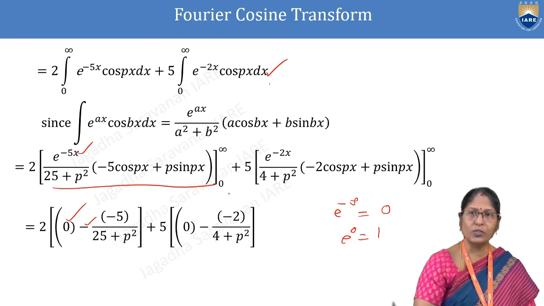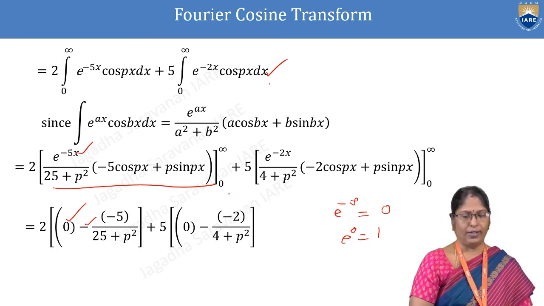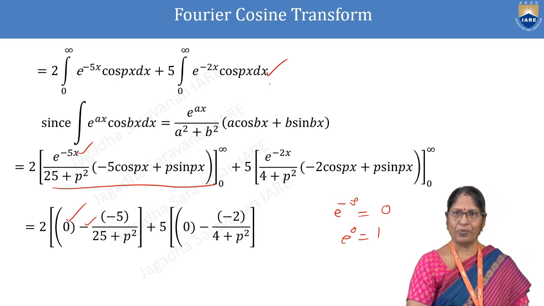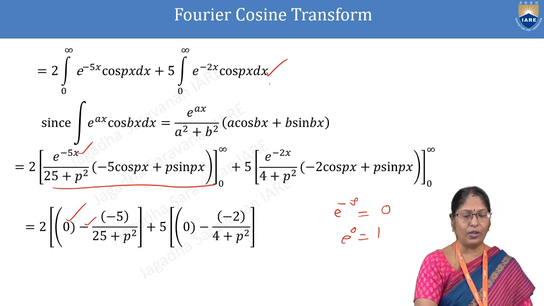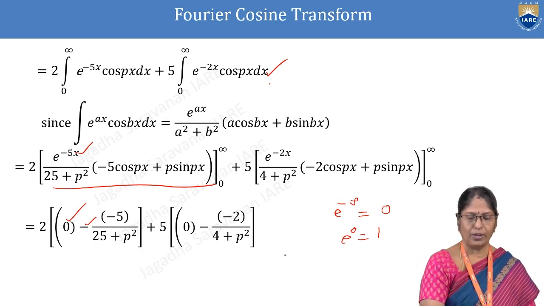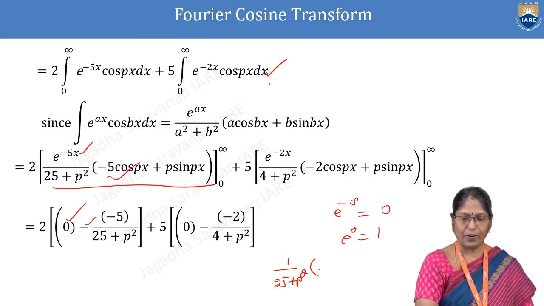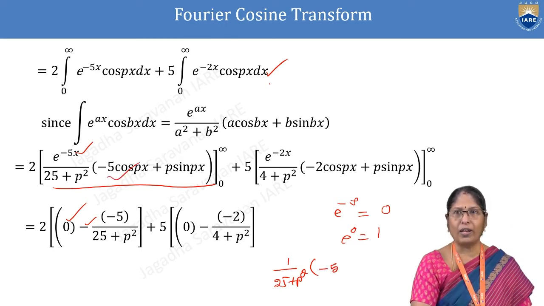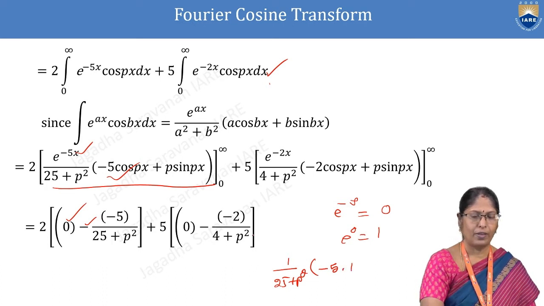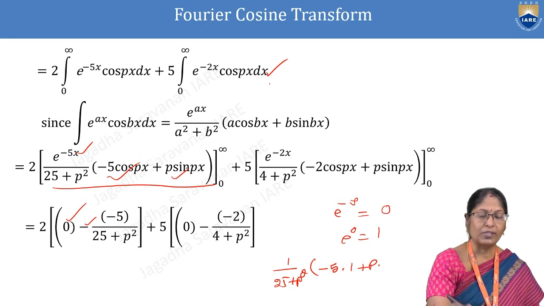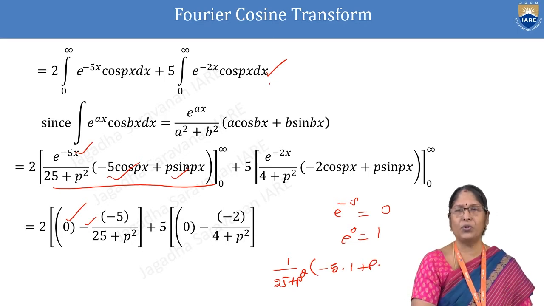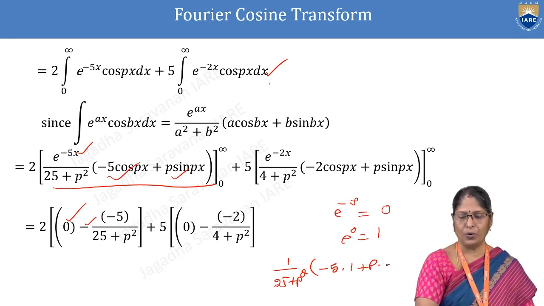Minus, formula minus, the lower one is e power 0, whose value is 1. So 1 by 25 plus p square. Here we substitute minus 5 cos 0, whose value is 1, then p into sin 0, and sin 0 is 0.